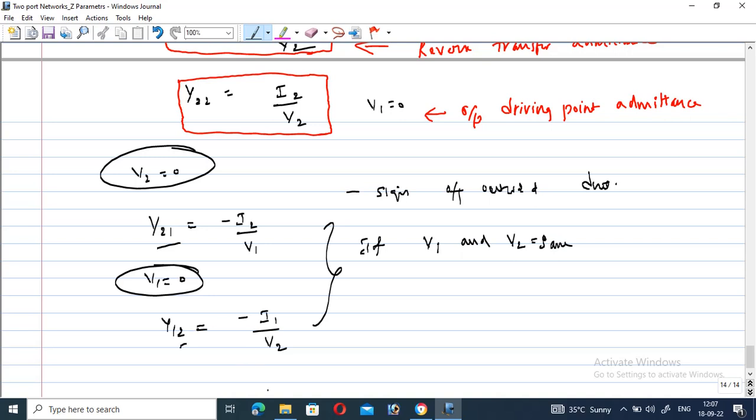So from this, the reciprocity condition of the y parameters is y21 is equal to y12.